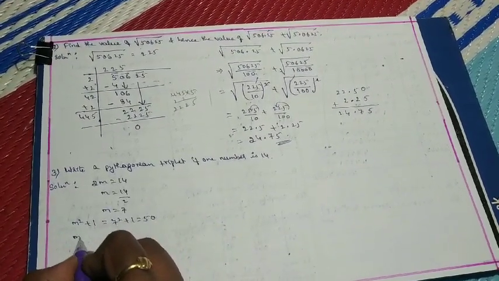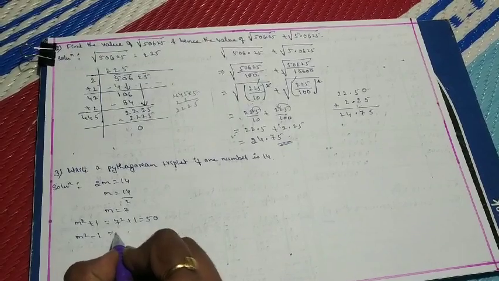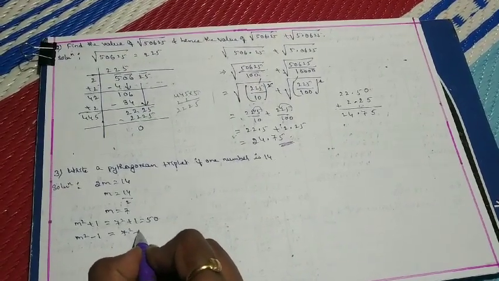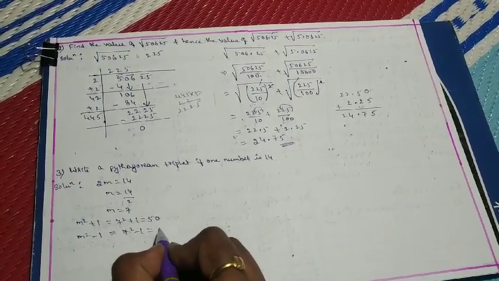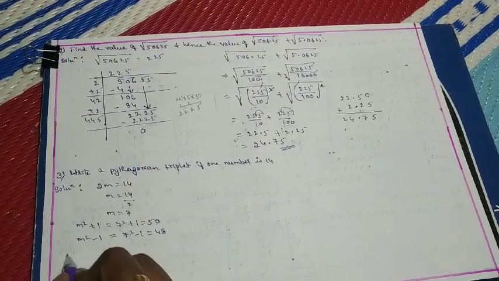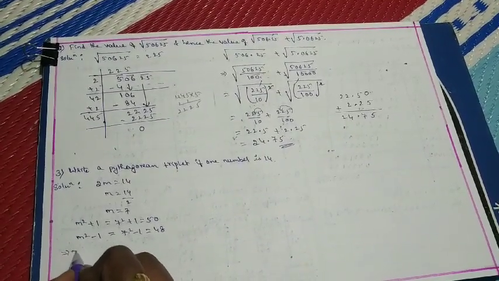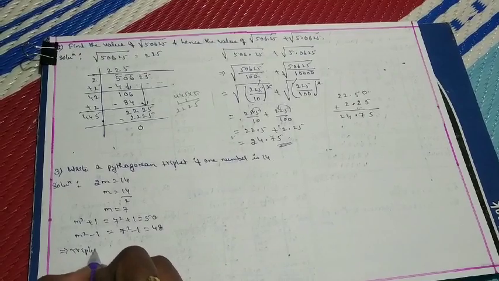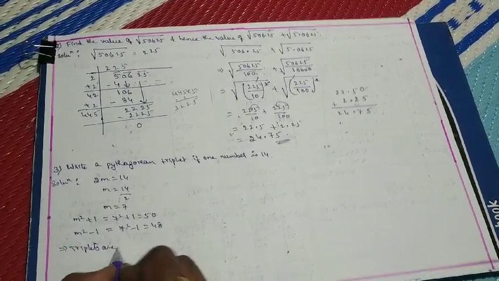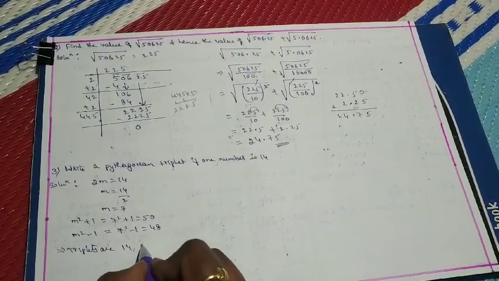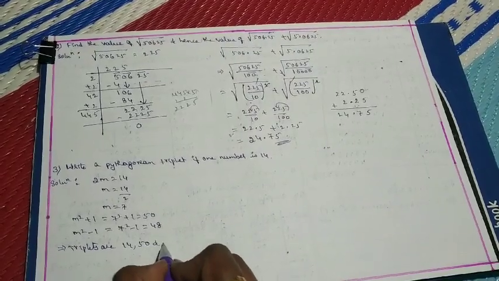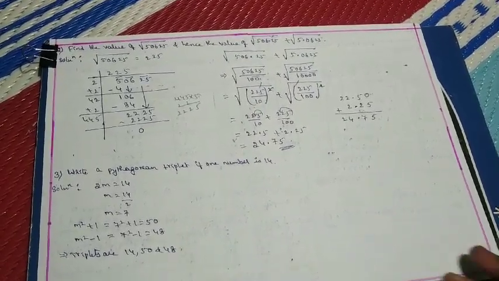And one more is m square minus 1 equal to 7 square minus 1, that is 49 minus 1 is 48. So the Pythagorean triplets are, one number is 14, the other two numbers are 50 and 48. So 14, 50 and 48.